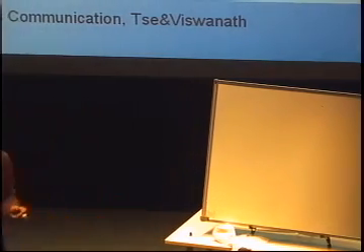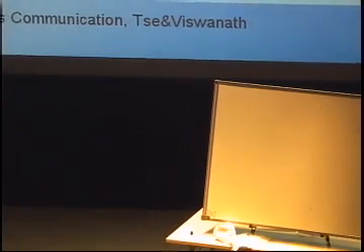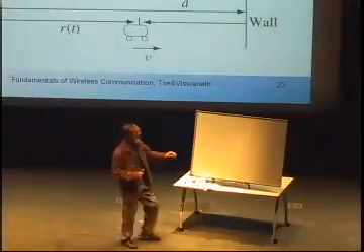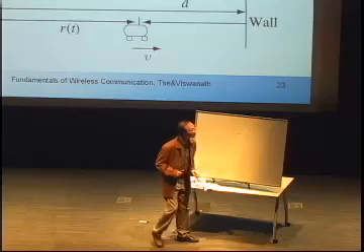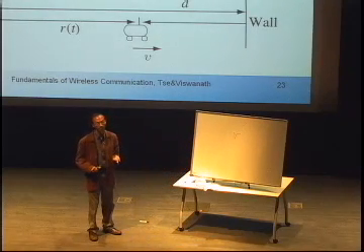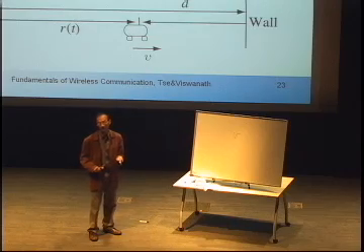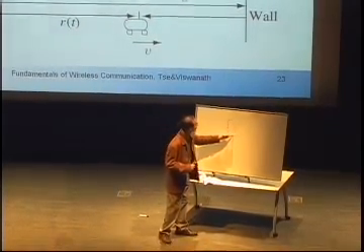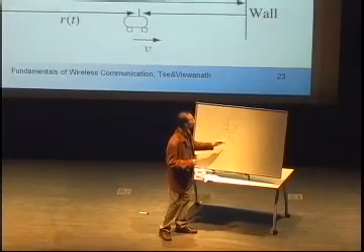What's the formula for the Doppler shift? Let's think about it. What does it depend on first? It depends on the speed, v. Good. It depends on what? The wavelength. So this is the Doppler shift formula, where c is the speed of light.